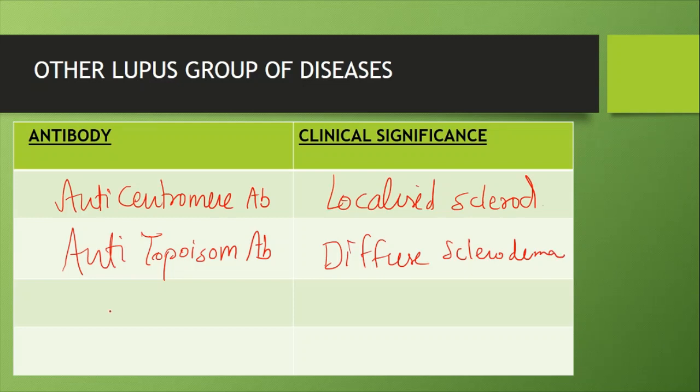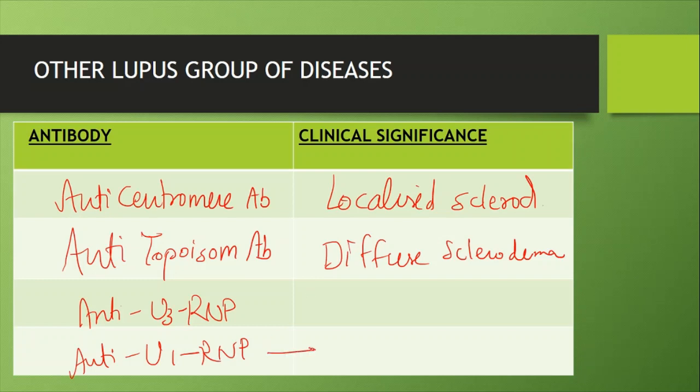Next remaining are two antibodies which are RNP antibodies. One is anti-U3 RNP antibody and anti-U1 RNP antibody. Now tell me, one is specific, the highest one, so it will be specific.